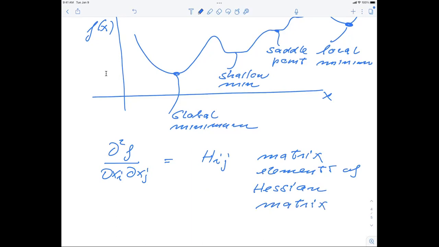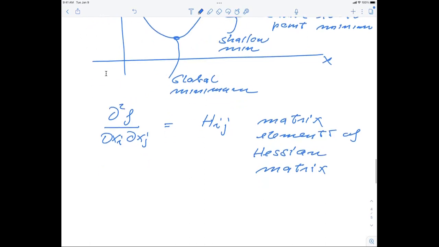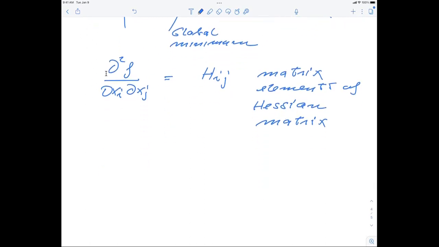We are coming back to this. Now, in most cases, this matrix is actually positive definite. That means that all eigenvalues are larger than 0, and that leads to a convex optimization problem.